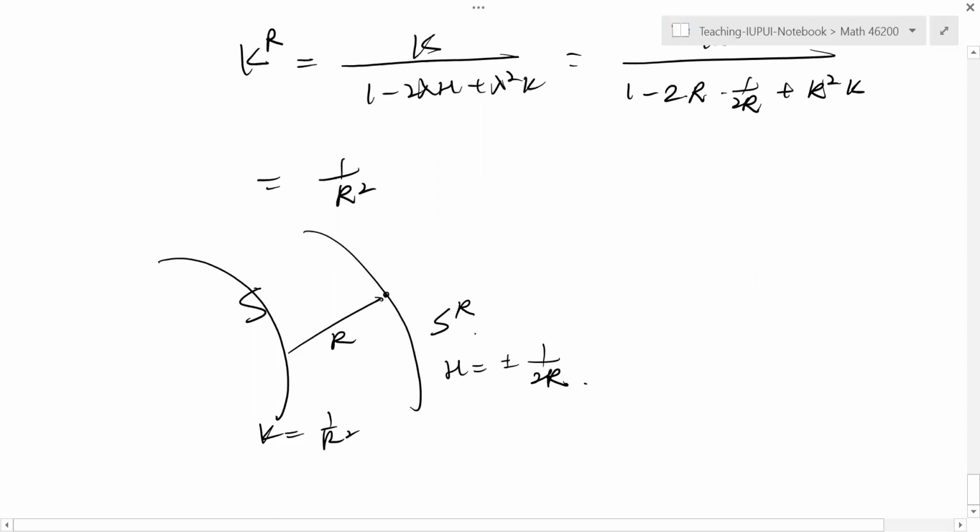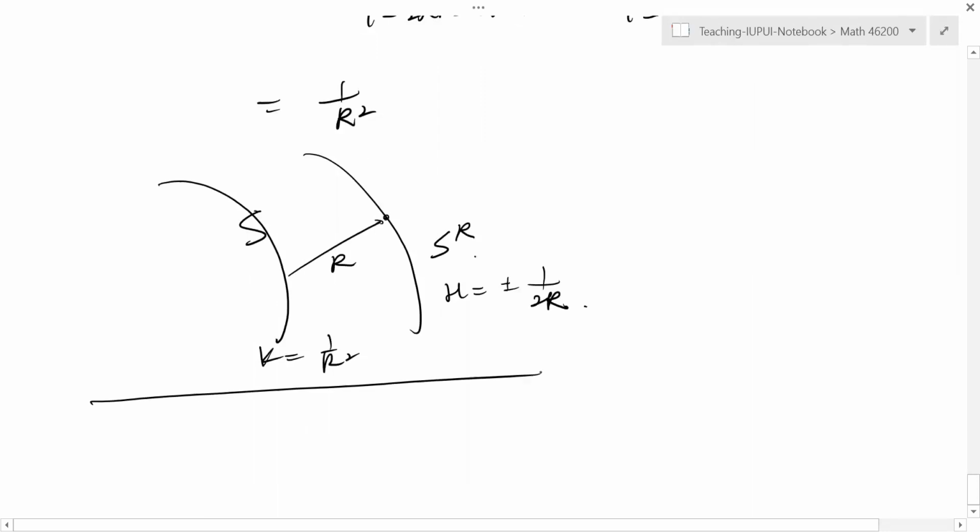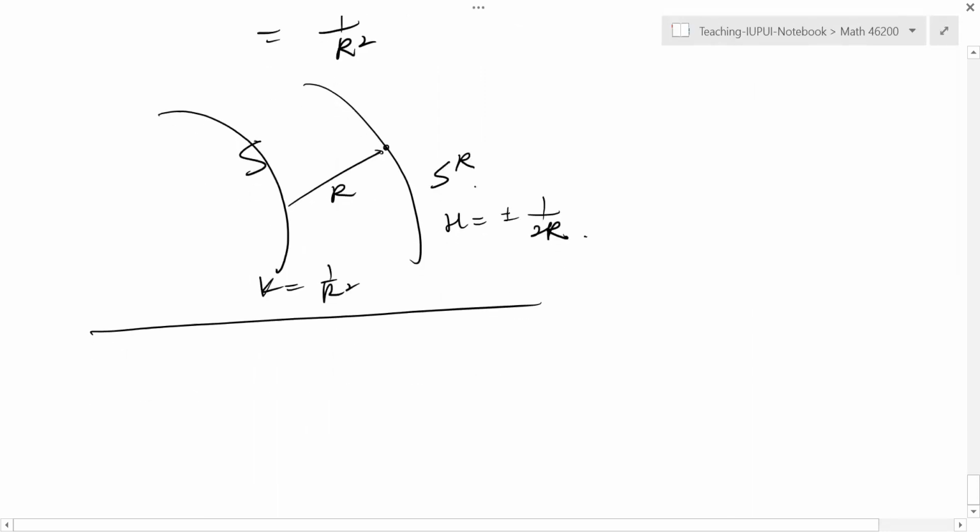And conversely, if the mean curvature is constant, then we can construct a surface whose Gauss curvature is constant. All right, so that's a picture. Now we're going to look at some examples of how to construct surfaces of constant mean curvature.